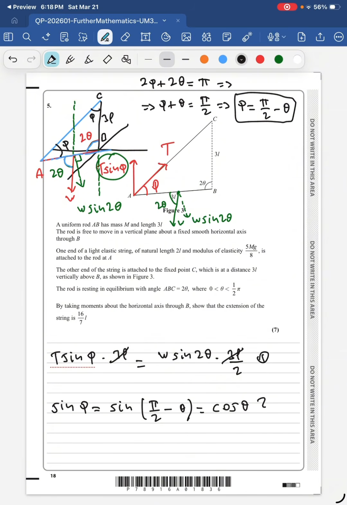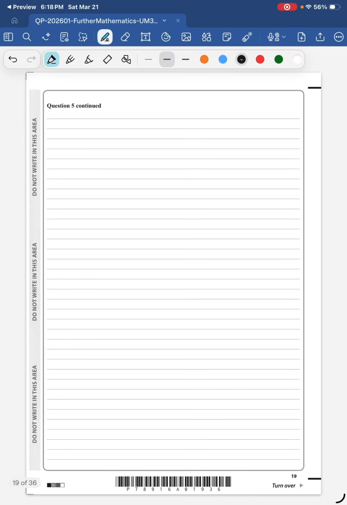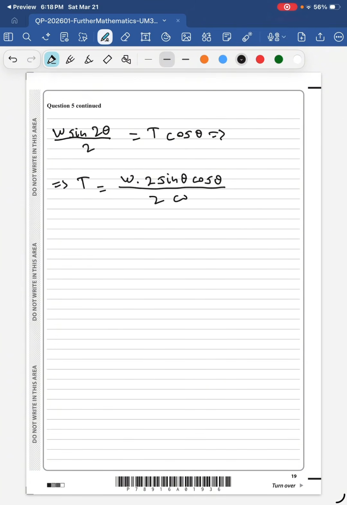Okay, so from 1 and 2, if we combine them, we will find that W times sine of 2 theta over 2 is equal to T cosine theta, right? So we can write that T is W, and then we can expand sine 2 theta as 2 sine theta cosine theta, and then we have 2 and then cosine theta, so we get this nice cancellation.